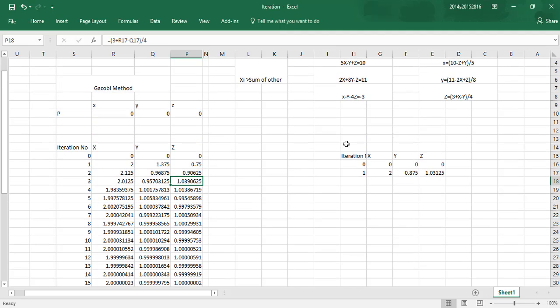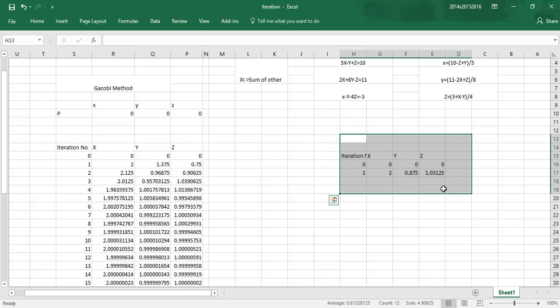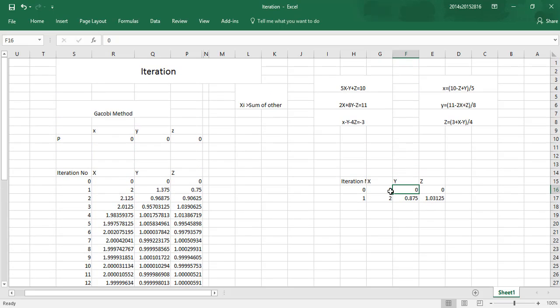The other method is Gauss-Seidel iteration. Okay.